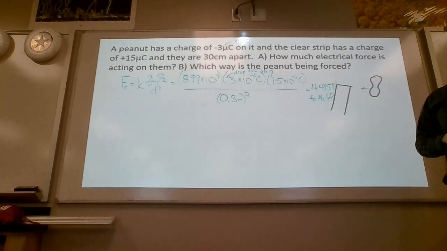Okay. The strip, if we were asked for which way is the strip being forced, you would say 4.495 to the right. But I didn't. I just asked for the peanut. So make sure you know which one is being asked. Good?